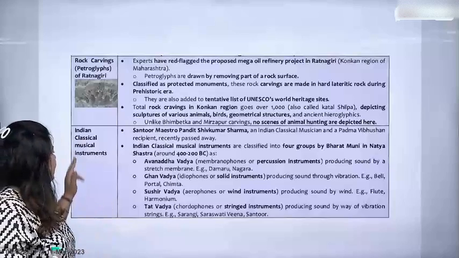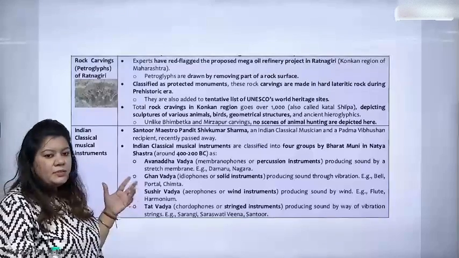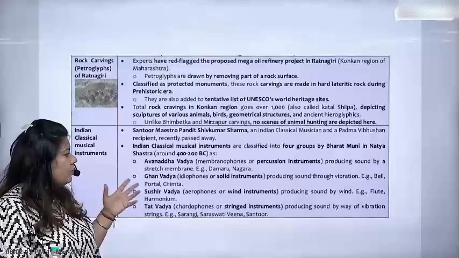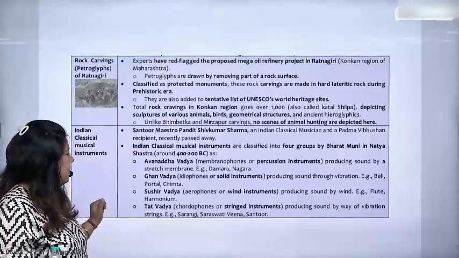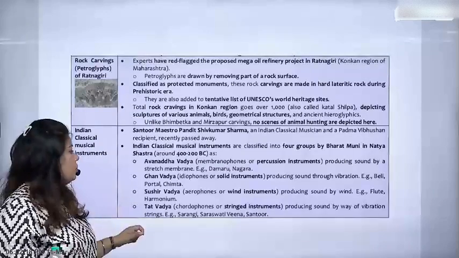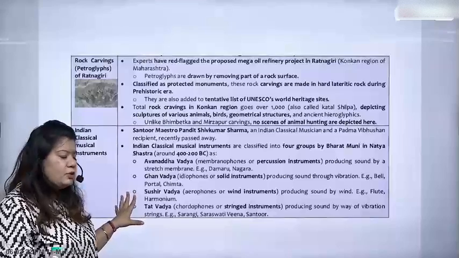Okay? Then Indian classical musical instruments, why might they be asked? Because recently Santoor Maestro Pandit Shiv Kumar Sharma died, right? So you should know the types of Indian classical musical instruments. Now this is covered in your CCRT website also, very good.